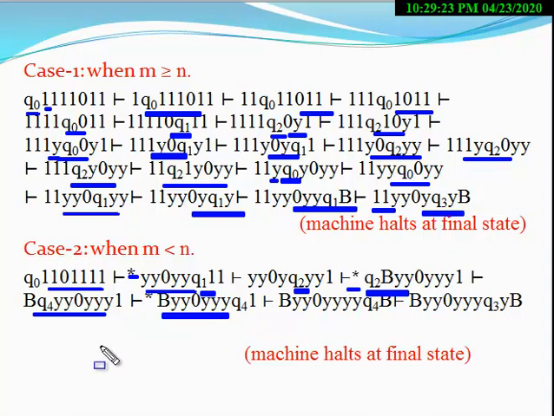At the state Q4, as soon as 1 appears, the machine moves to the right direction and also removes 1. So 1 is removed by Y. Now at the state Q4 blank appears.